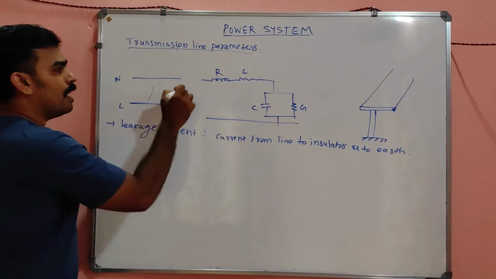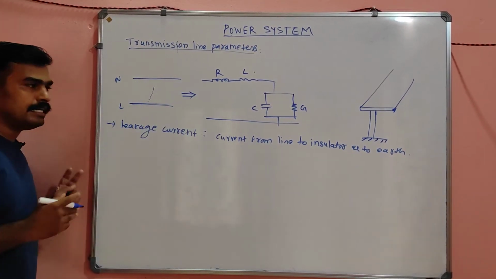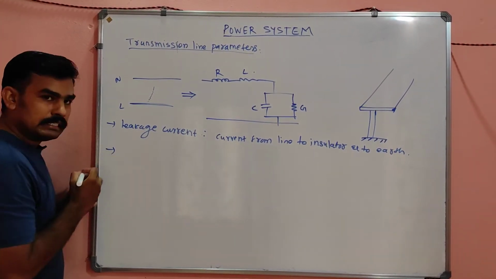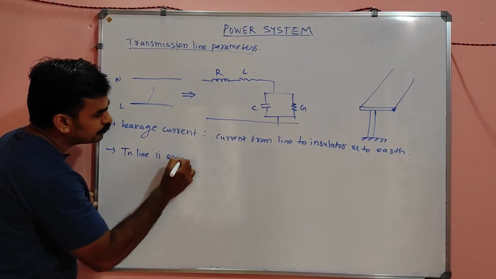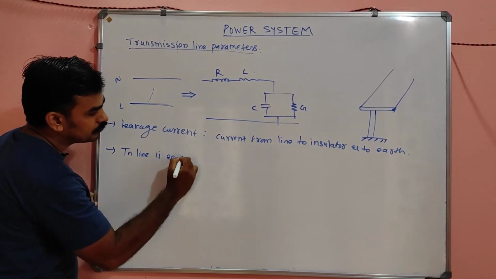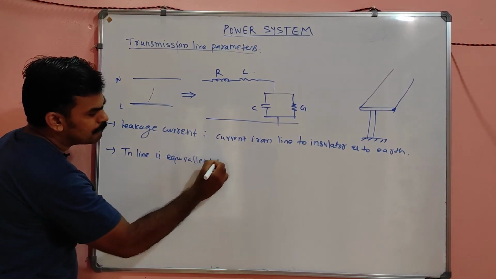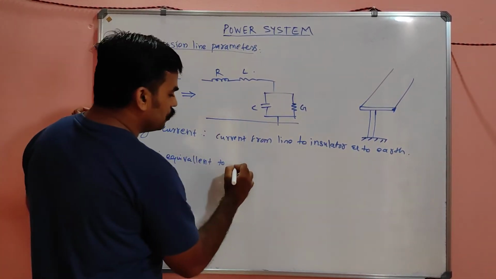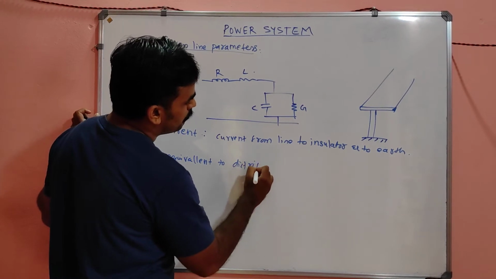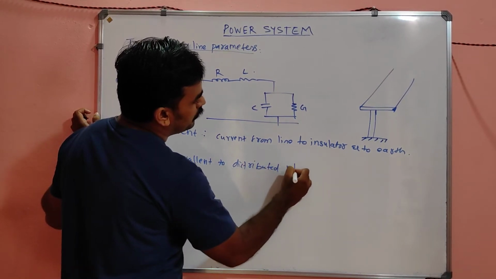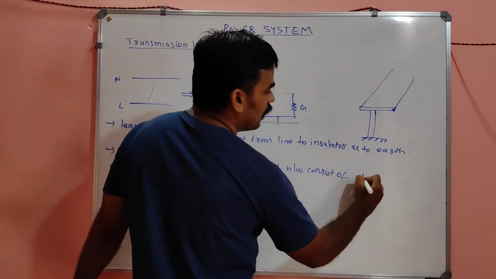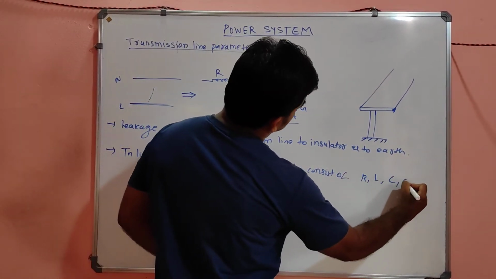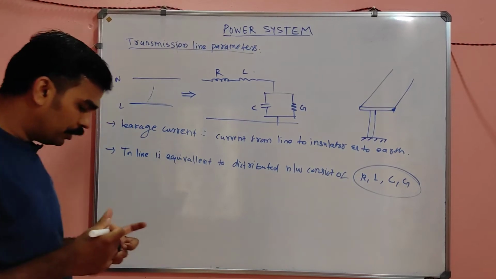So in short, our transmission line is equivalent to a distributed network consisting of R, L, C, G. Very important.